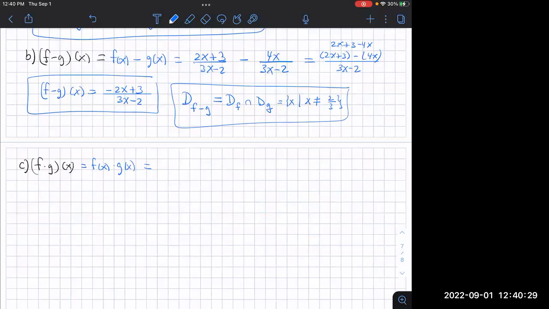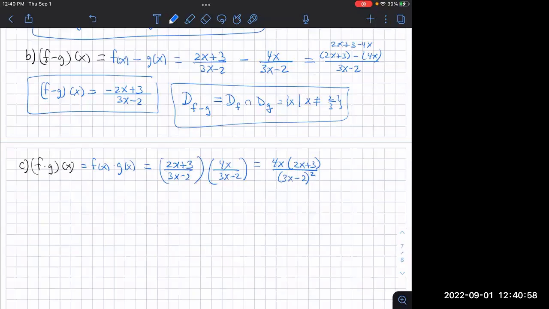You just copy f of x and multiply with g of x: 2x plus 3 over 3x minus 2 times 4x over 3x minus 2. So we're multiplying 4x times 2x plus 3 in the numerator, and the denominator is 3x minus 2 times itself, so we can write it squared.